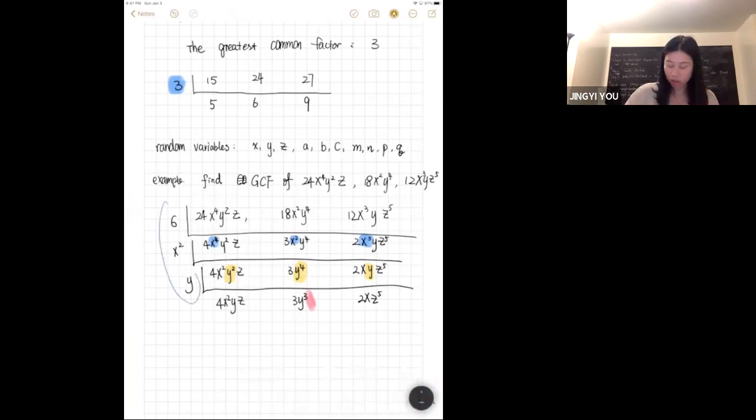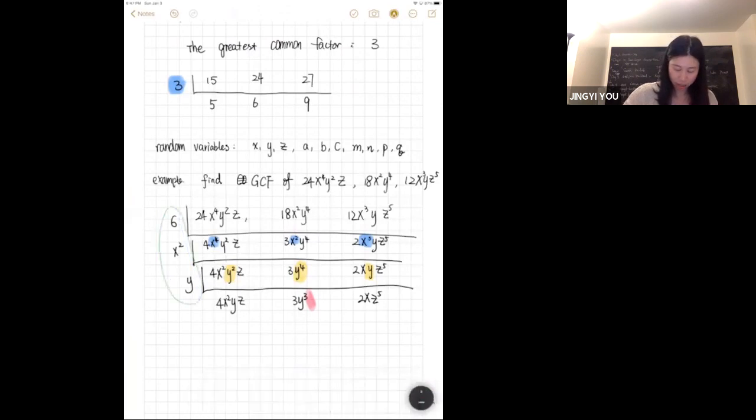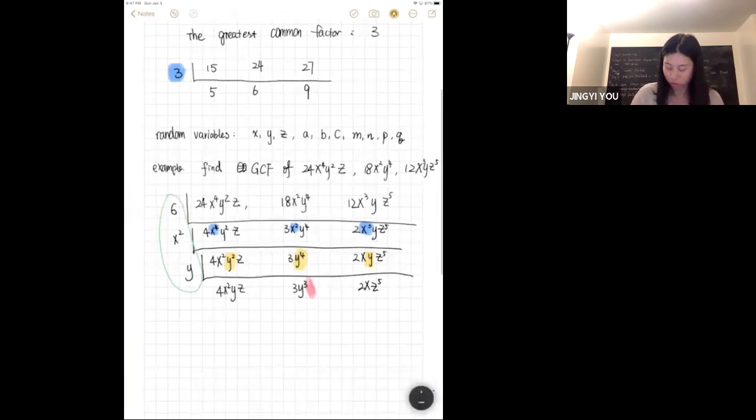We just need to multiply this part, which is here. So the greatest common factor of these 3 numbers is 6 times x squared times y. So that's how you find the common factors.